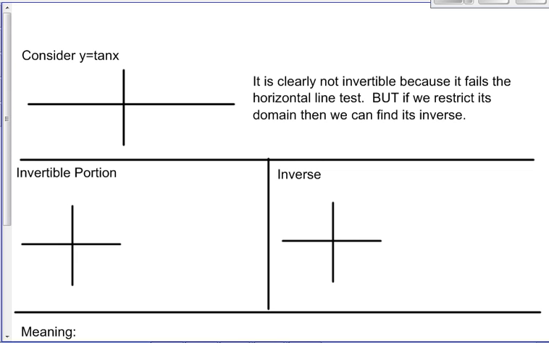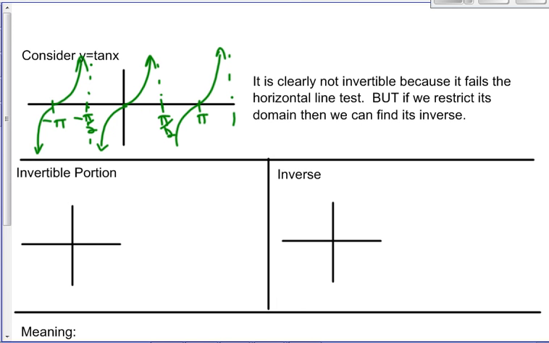Lastly, we're going to consider y equals tan x, and that has asymptotes. So here's one cycle. But then it just goes and does it again, and more asymptotes. So still trouble. This does not pass the horizontal line test, but it's pretty easy for us to find an invertible portion on this.